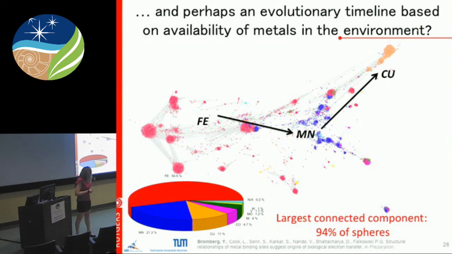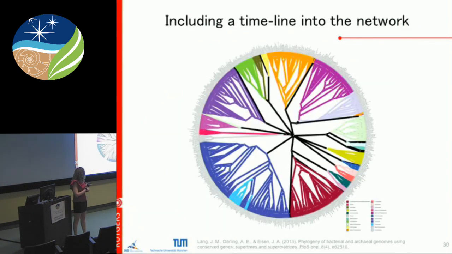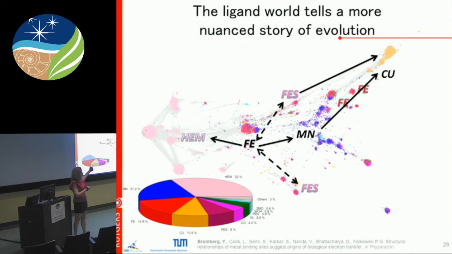But so now this is iron, manganese, and copper, but then you think about the forms that iron comes in, and you see that actually, well, this is heme, this is the iron ions, this is the iron sulfur clusters over here, and there's more iron there. And so while the manganese to copper timeline is probably still there, instead of the iron to manganese, it could also be that, or it could be that.